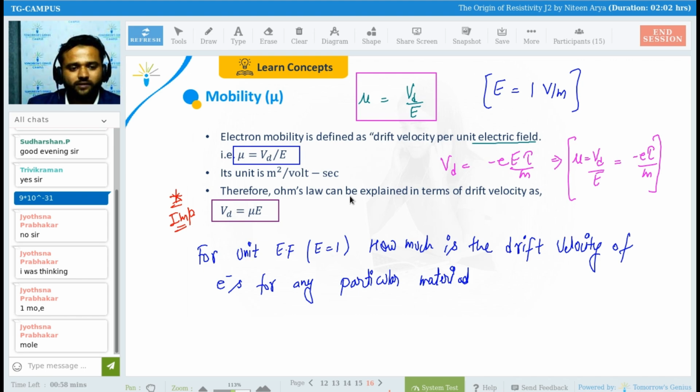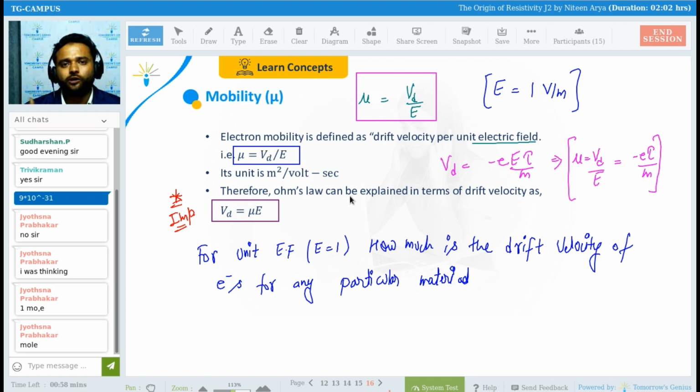See, the basic thing, you need to understand the definition and how to go from one formula to another. Mu is what happens if you are doing an experiment and you just change the assumptions. What if the electric field is 1?